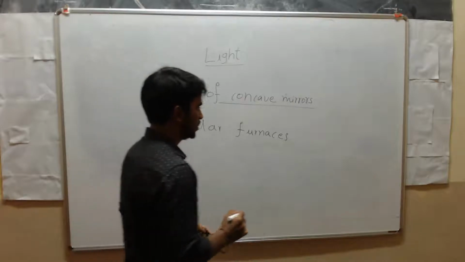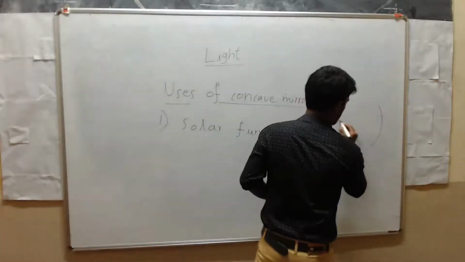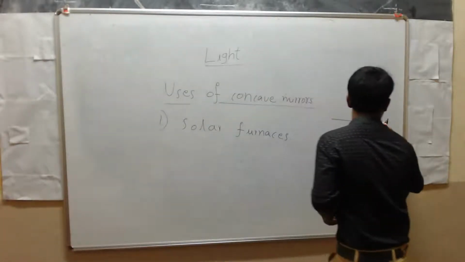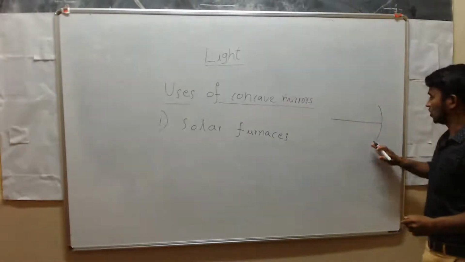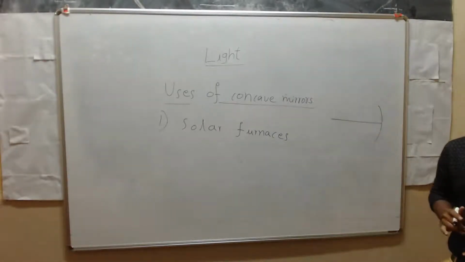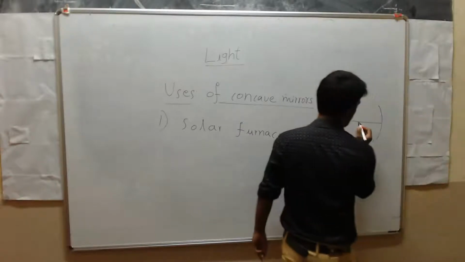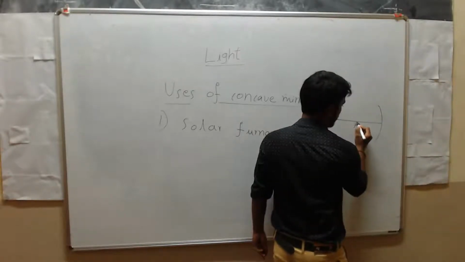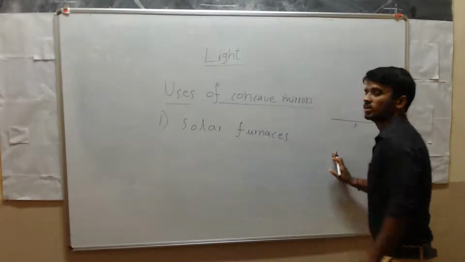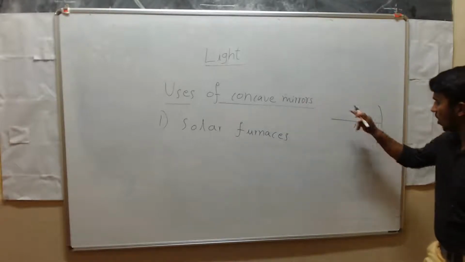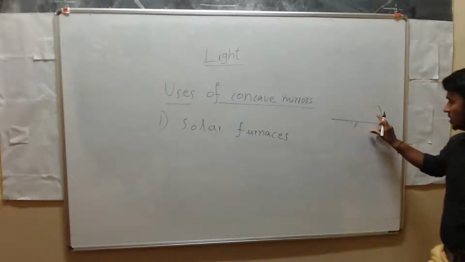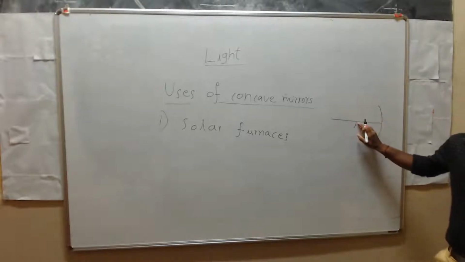Yes. Why? Because when you face this concave mirror to the sun, the sun is at infinite distance. When you keep that paper at the principal focus, all the sun rays, after reflection, meet at this point.